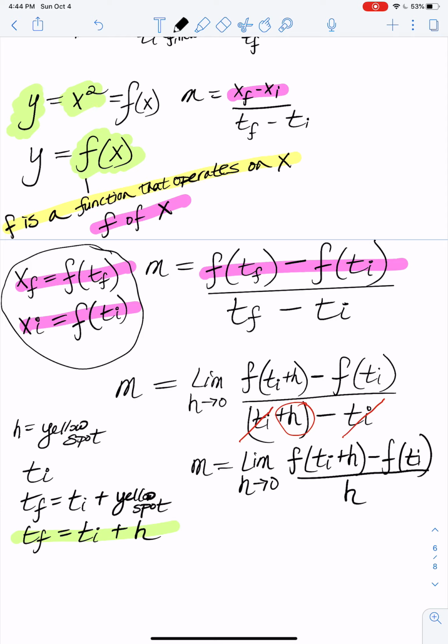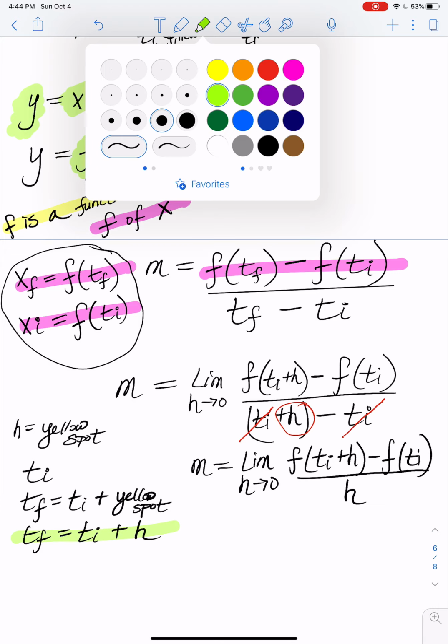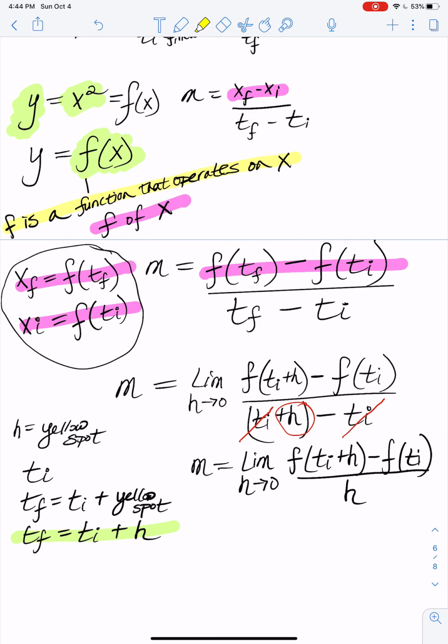So we can think of now what this is saying. That yellow spot is just the tiniest time interval that we can think of, and even smaller, and it's h. And when h approaches that tiny time interval, the slope approaches this equation.